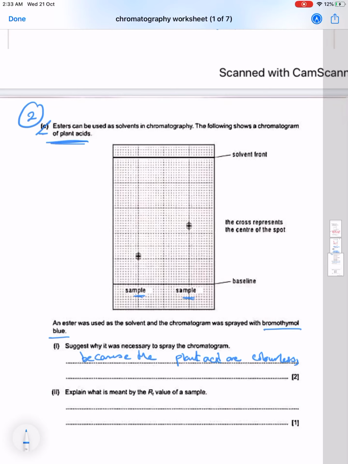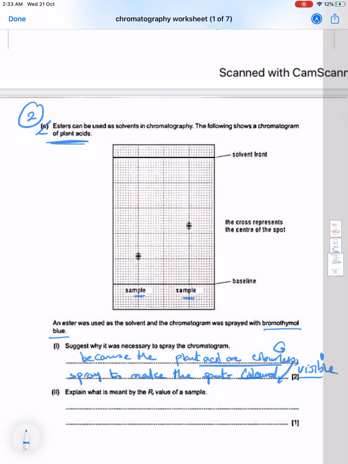So spray to make the spots colored or visible. So two pieces of information: that it's colorless is one, and to make it colored or visible is the second mark.